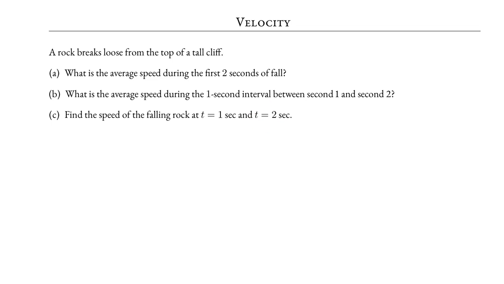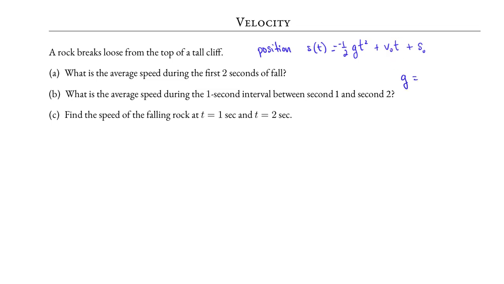First, we recognize that this is a projectile motion, and from algebra we know that the position for any projectile motion is s of t equals minus 1/2 times the gravity times t squared, plus the initial velocity times t plus the initial position s sub 0, where s sub 0 is the initial position, v sub 0 is the initial velocity when time equals 0, and g is the gravity.